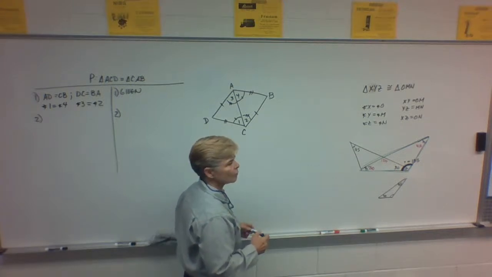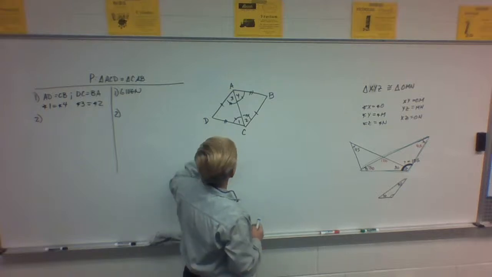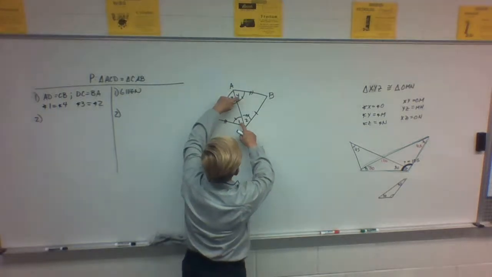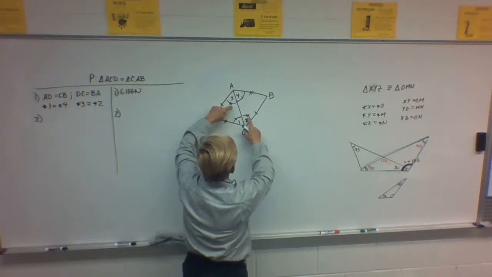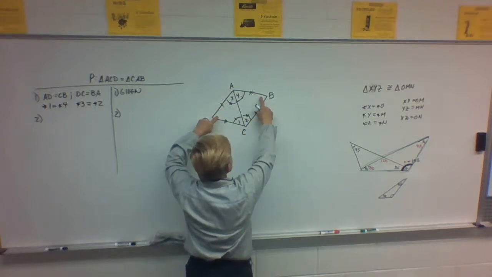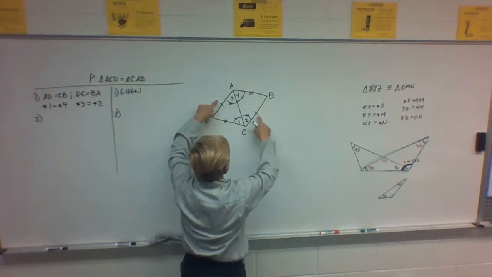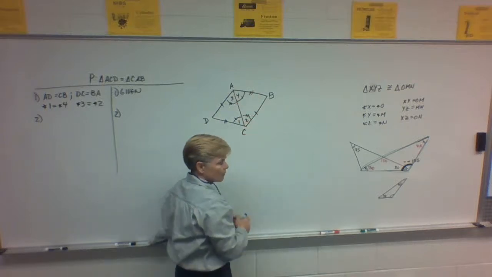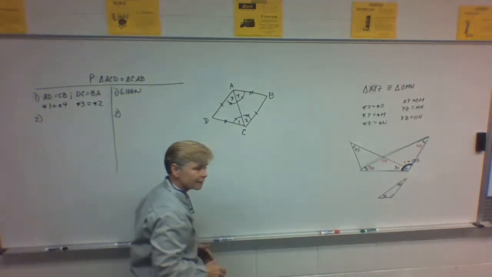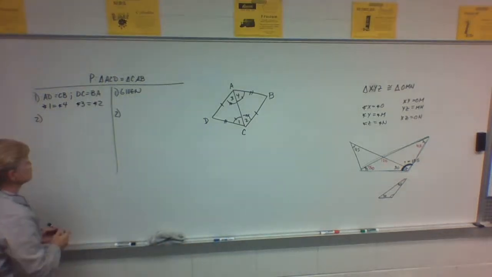We've got this pair. We've got this pair. We need this pair. There's nothing said about this pair. We also have this pair of sides. This pair of sides, we need one other pair, and it's this one. And that's the easiest one to get. So that's what I'm going to say first.